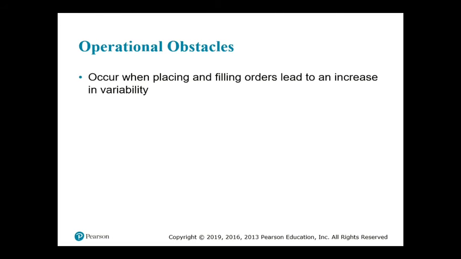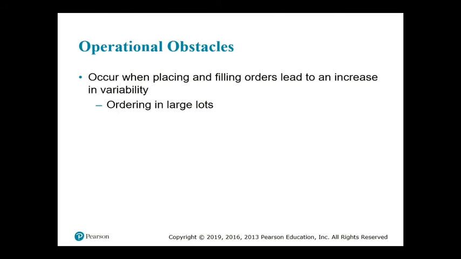And then there are operational obstacles. Operational obstacles relate to placing orders or fulfilling orders, and this is more and more difficult as the variability increases. When there is a lack of coordination, one potentially harmful effect is that companies would order in very large lots.